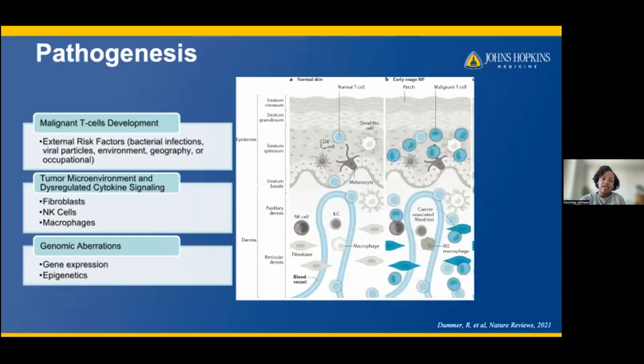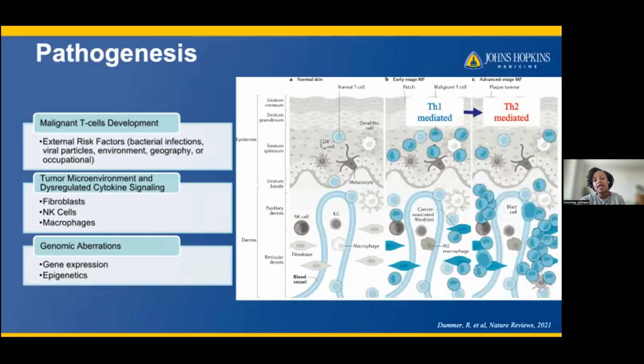And then in early stage disease, early stage mycosis fungoides is really characterized by few malignant T cells and an overall Th1 dominant microenvironment. Whereas in that later stage, you start to see an increase of the malignant T cells and a shift to a Th2 phenotype. Now, we're not really sure exactly what happens between that shift from Th1 to Th2.